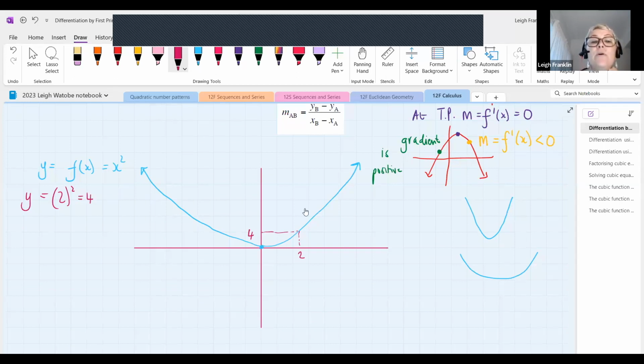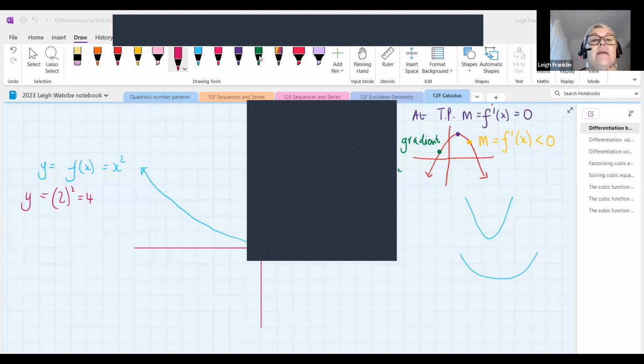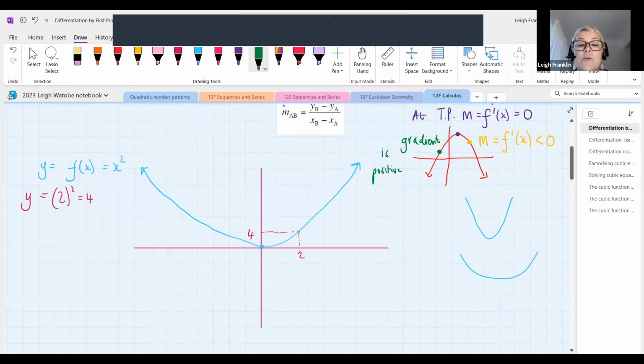Now let's pretend a different number goes in. Let's say 6 goes in. What comes out? Lovely. 36 comes out.